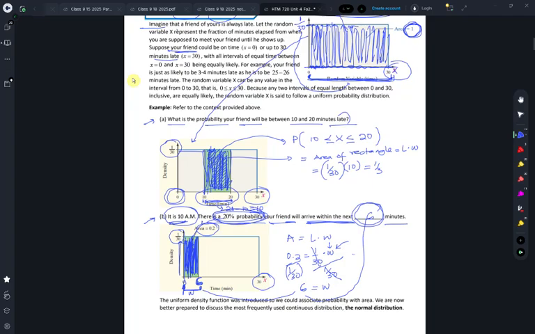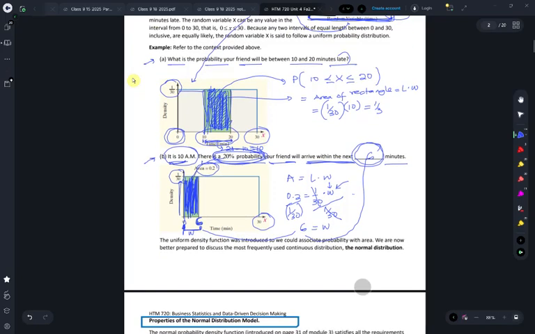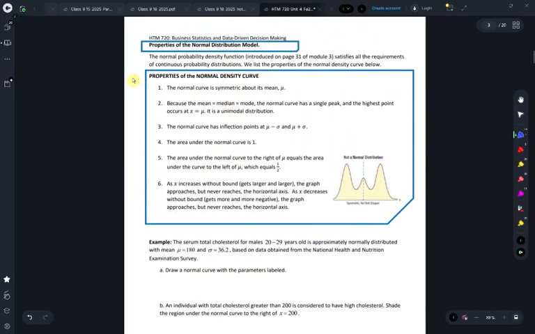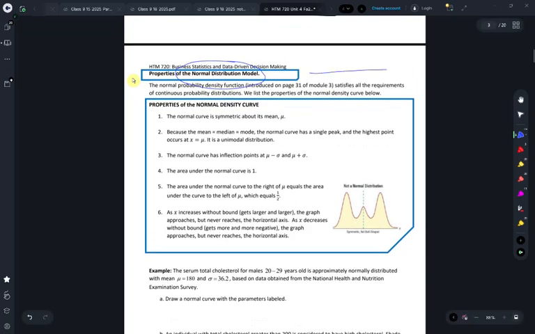We're going to carry this idea of representing probabilities as areas into the normal distribution. What is the normal distribution model? Well, consider, for example, if we are looking at random variable x, which represents the heights of adult males in the United States. In my experience, 5 feet 10 inches, that'll be about 70 inches, thereabout.